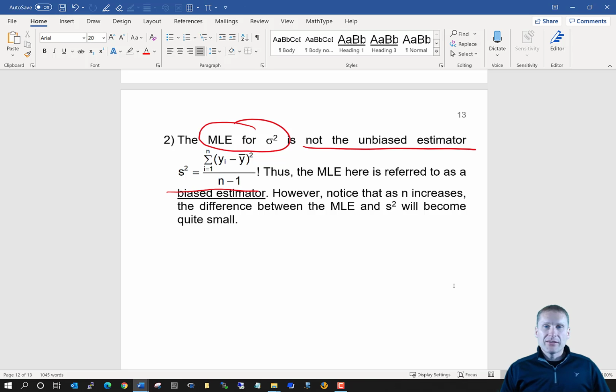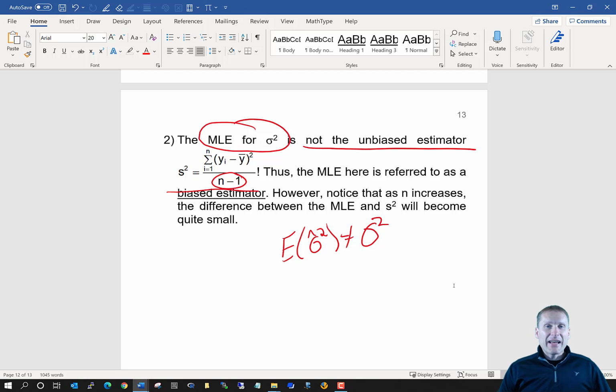That's quite interesting. So instead of having an n minus 1, the MLE actually just simply has n itself. Therefore, the maximum likelihood estimate in this particular case is what's called biased. Because if I were to take the expected value of sigma hat squared, I'm not going to get sigma squared like I did when I was working with s squared.